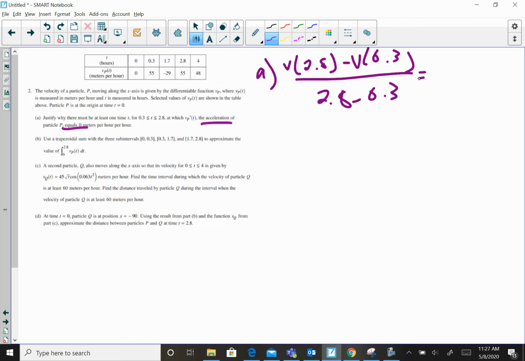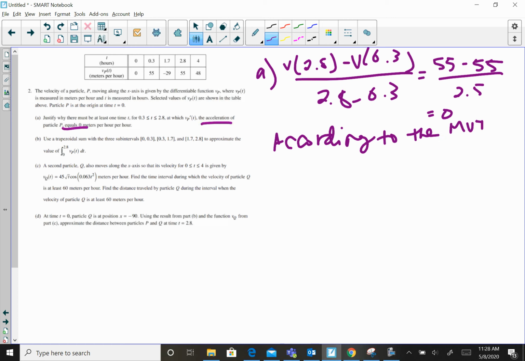So we have V of 2.8 is 55 minus V of 0.3 is 55 over 2.5, which equals 0. So according to the mean value theorem, the derivative v prime of t must equal 0 somewhere on 0.3 is less than t is less than 2.8.